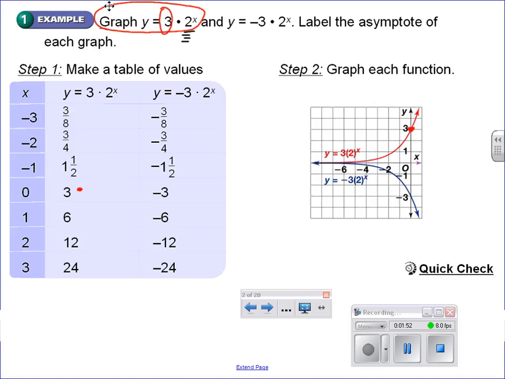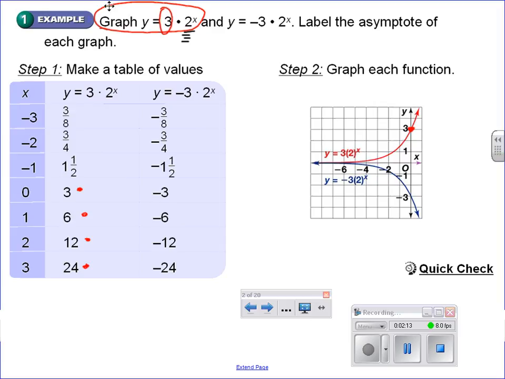So if x is 1, y is 6, x is 2, y is 12, x is 3, y is 24. You guys can plot these in. Nothing too interesting over there. No big deal. Where it gets interesting is as x gets smaller.